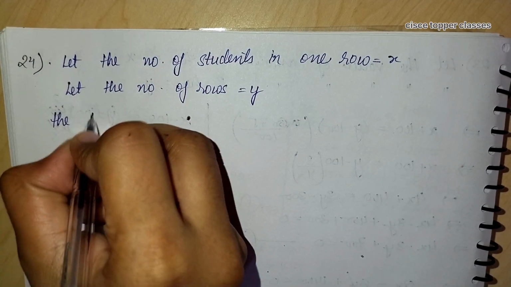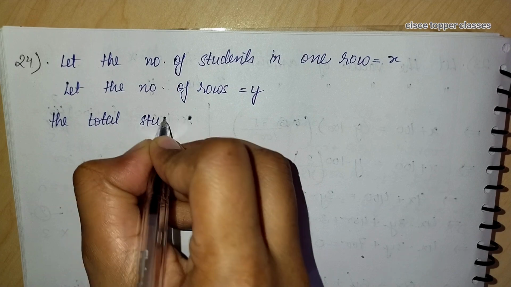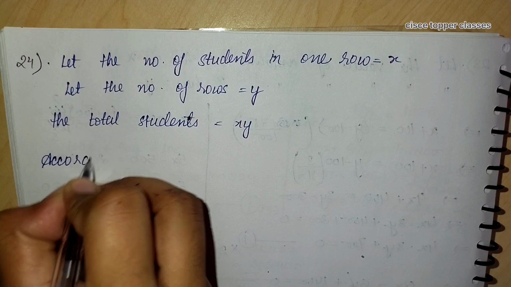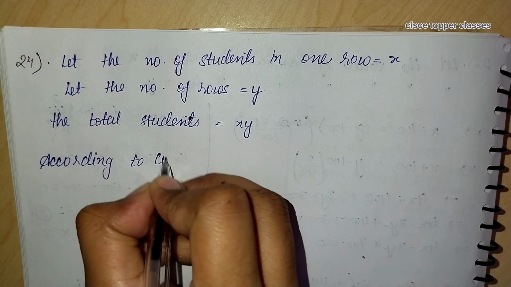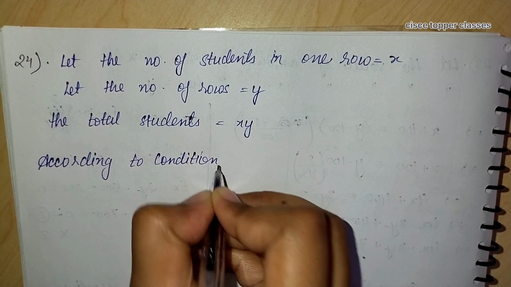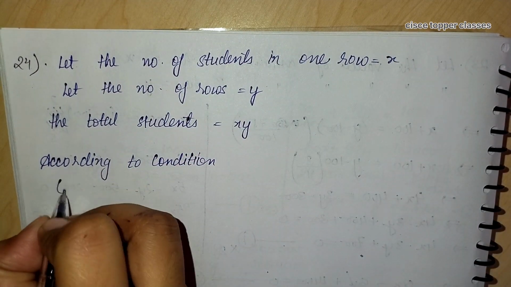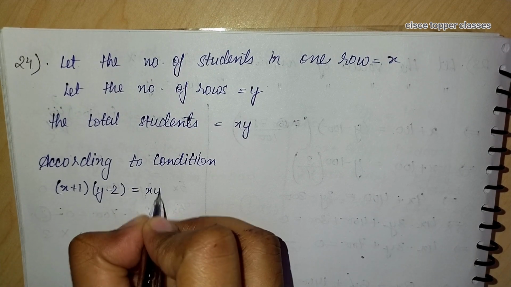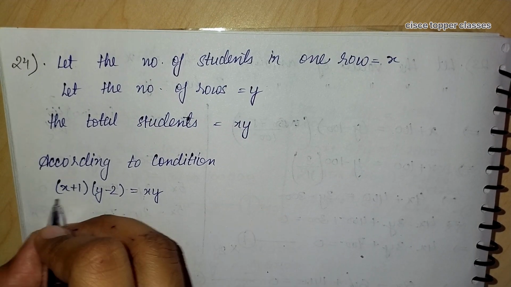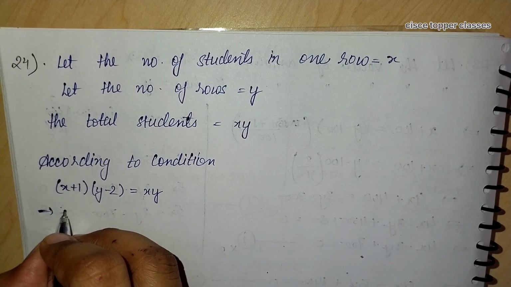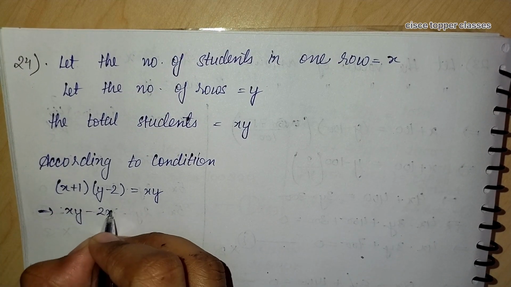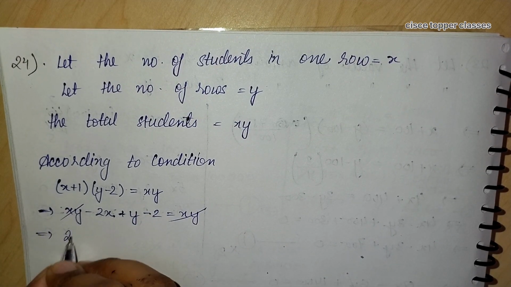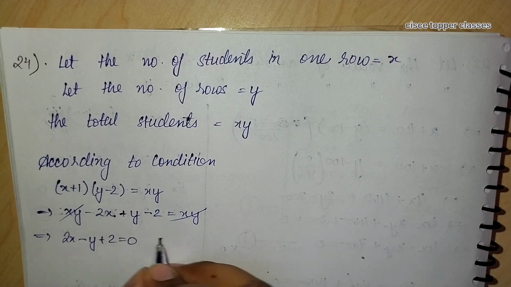So the total students equal xy, and according to the given conditions, if one student is extra in a row, means here it is x plus 1, there would be two rows less, means y minus 2, which will be equal to xy. Put it as the first equation. On solving, here it will be xy minus 2x plus y minus 2 equal to xy. This will be cancelled out, and 2x minus y plus 2 equal to 0 as the first equation.